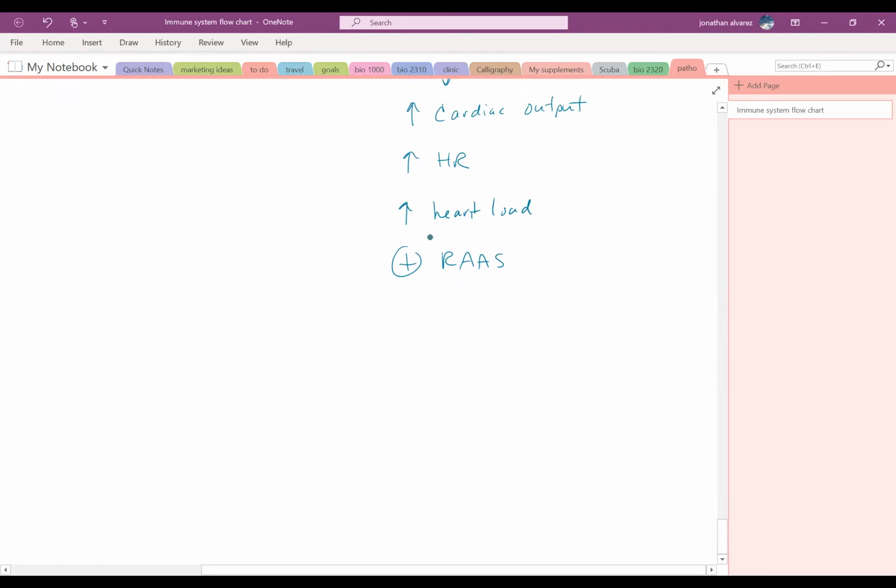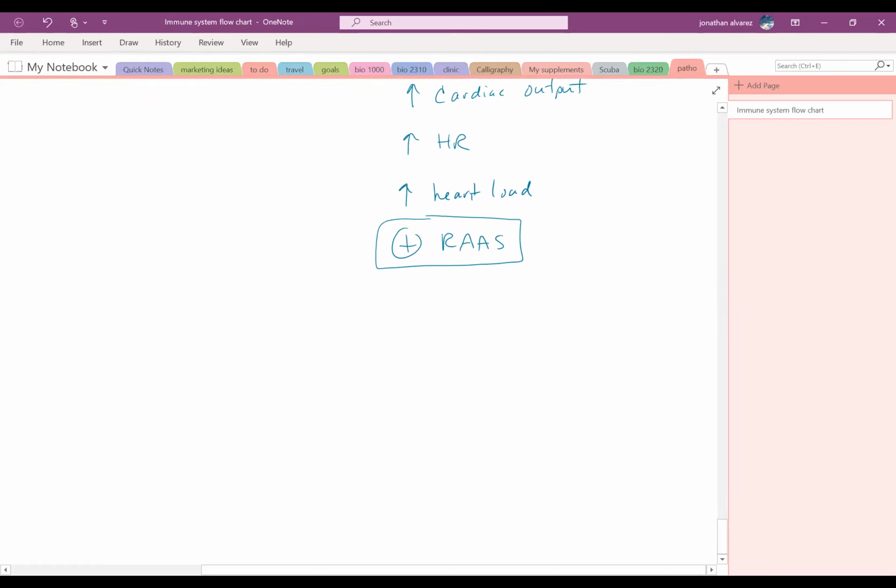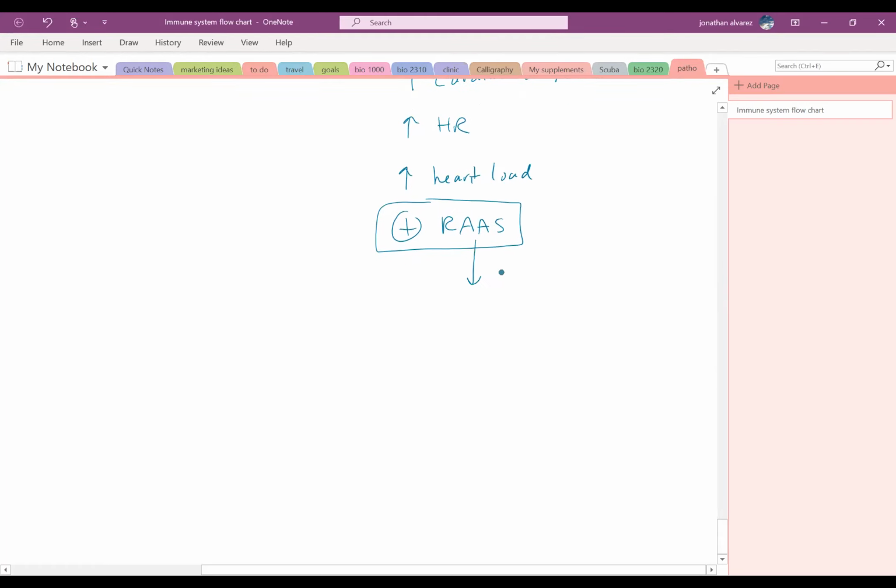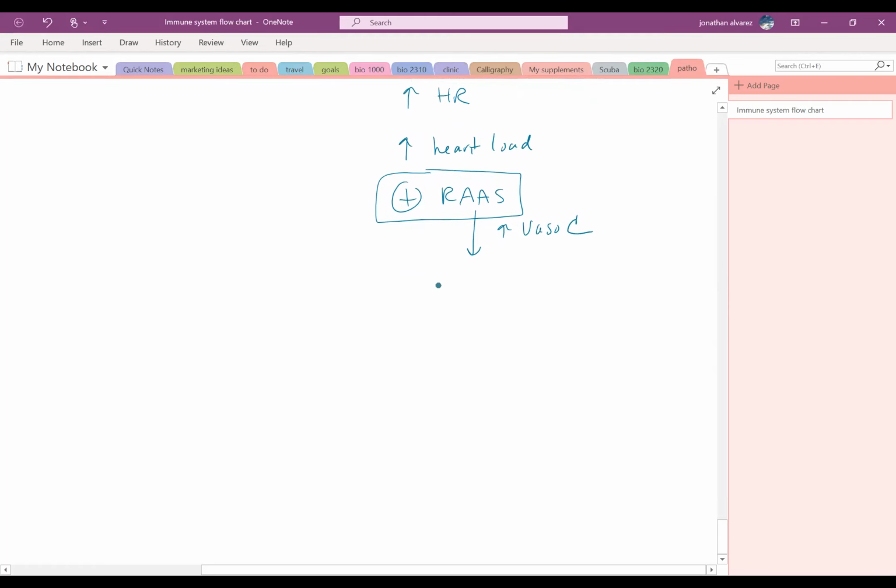Okay, and when you activate the renin-angiotensin aldosterone mechanism, remember that increases vasoconstriction. So when that happens, you get an increase in peripheral resistance, because the tubes went from big to small, and it's really hard to push blood through small tubes.